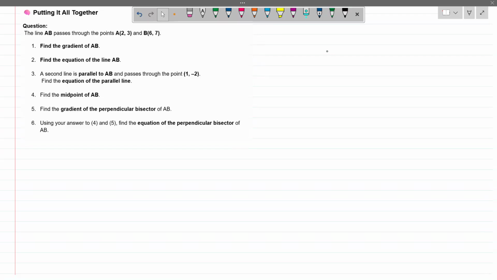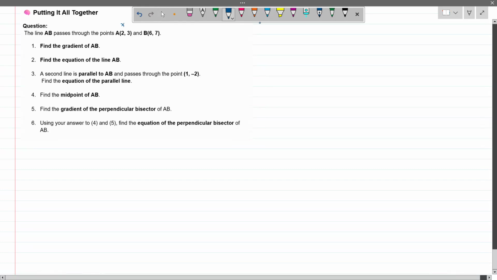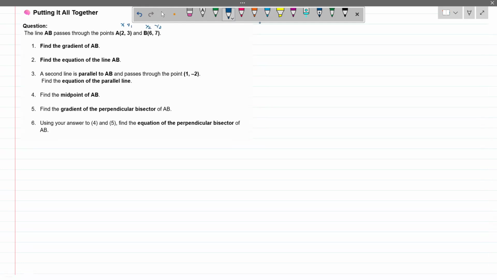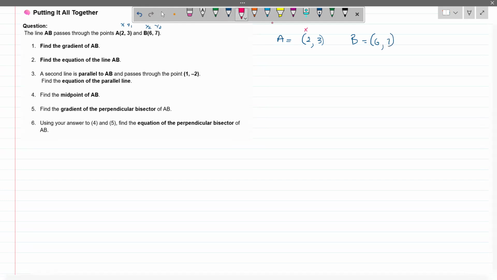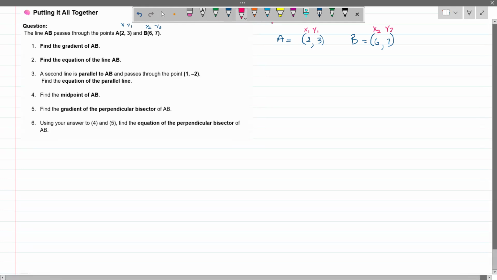So let's look at a full question. We have the line AB passes through the points A (2, 3) and B (6, 7). This is providing us with x1, y1 values and x2, y2 values. So let's write our points: x1, y1, x2, y2.